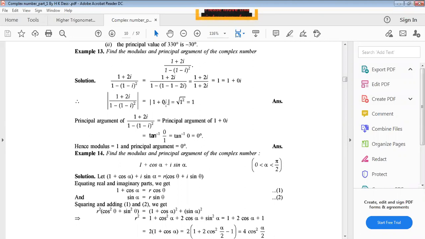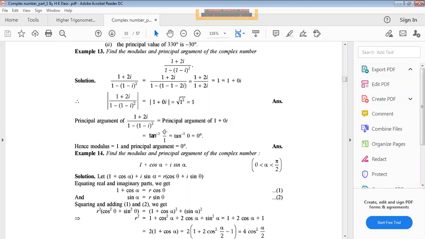Now the principal argument of this equals the principal argument of this complex number, because we simplified it to a simple complex number 1 plus 0 into i. We already know that theta equals tan inverse of y by x.